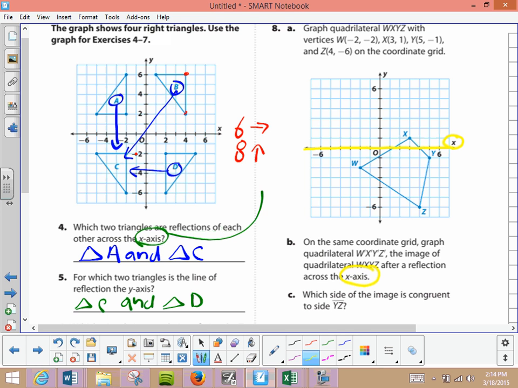You translate. Tell me what you did with the points in that situation. Down.